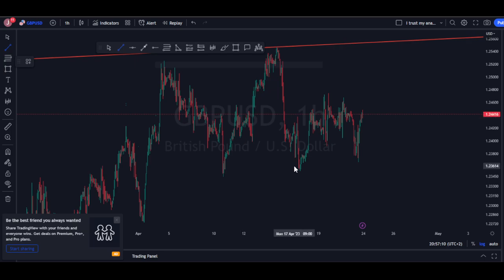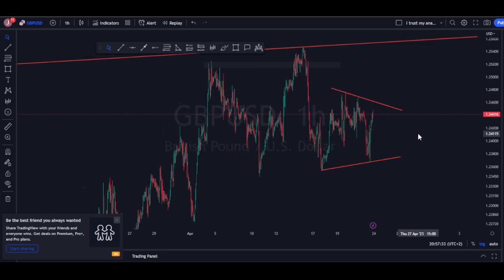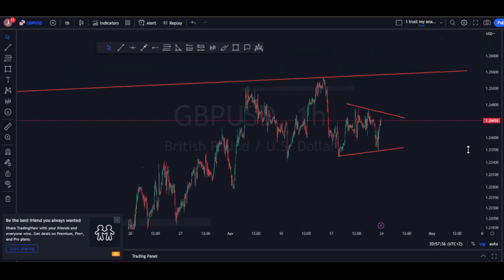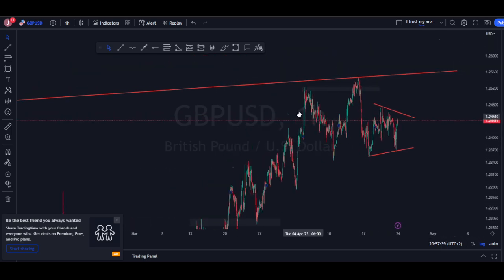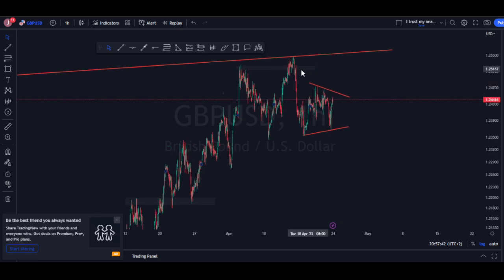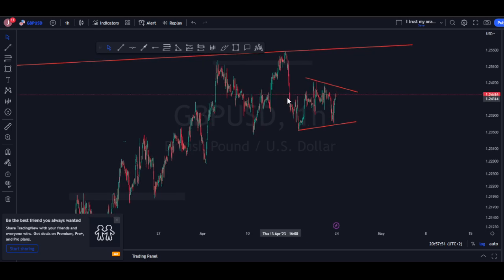So let's see if we can identify a pattern here. Join those two highs. So there's also a probability as well: you have the double top, completed the pattern at the high, gave us the strong bearish impulse, and now it's correcting.